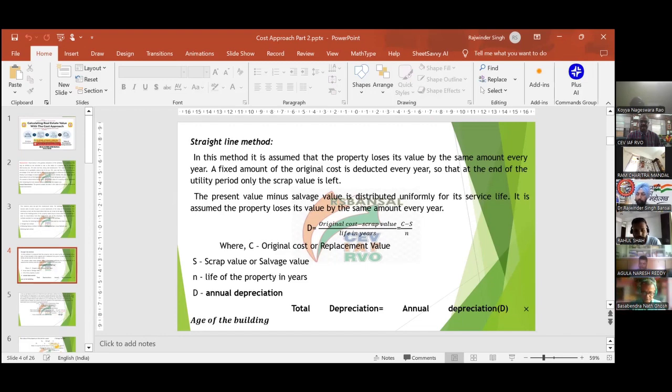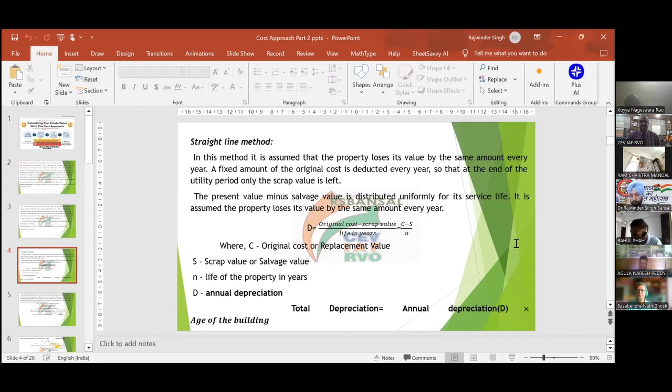But in case of plant and machinery, they are not equal. Because if the different parts of the machinery are sold differently, that will come out as scrap value, even in the case of building also.